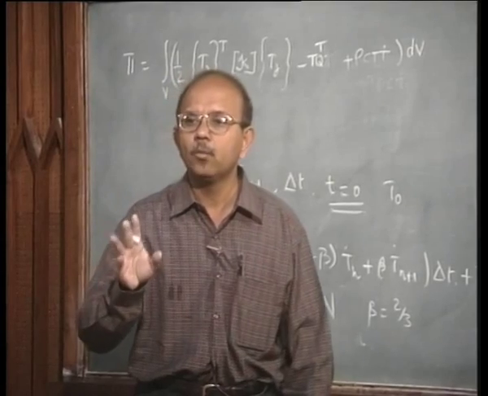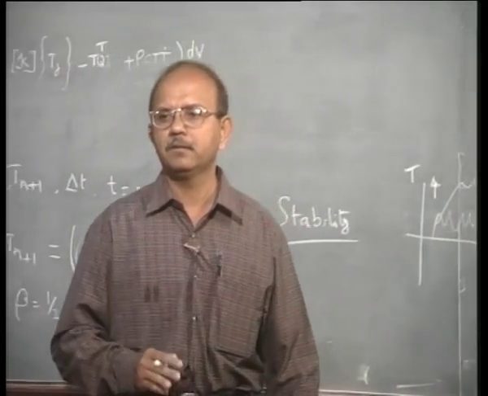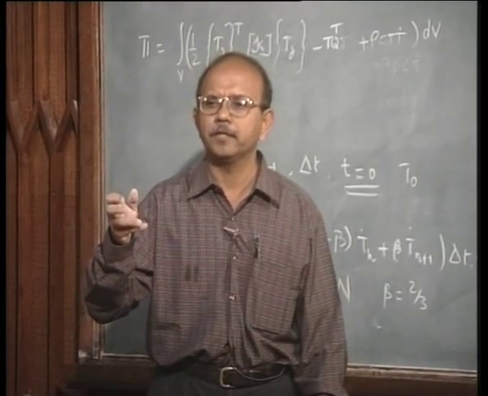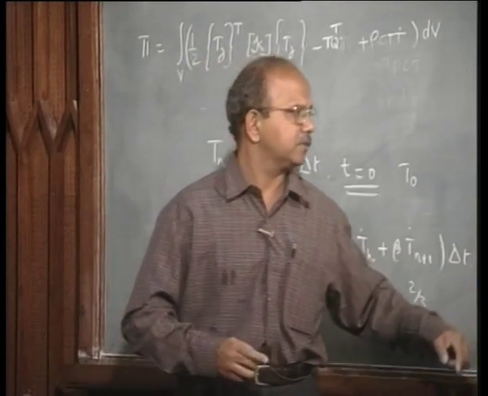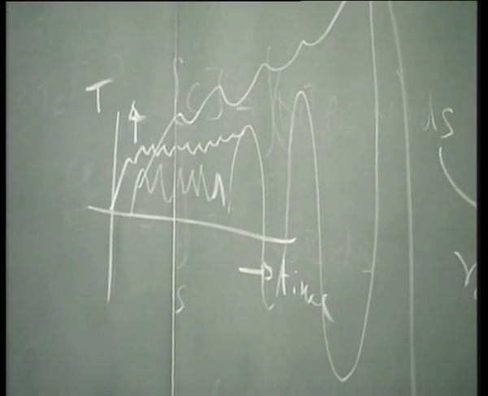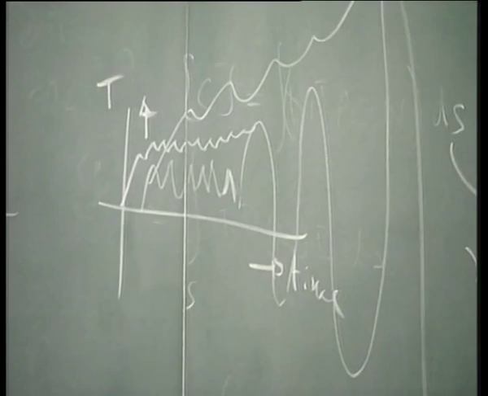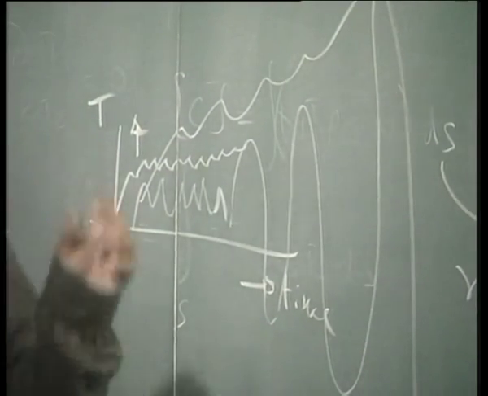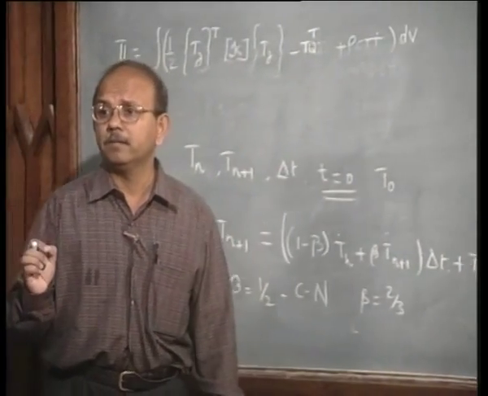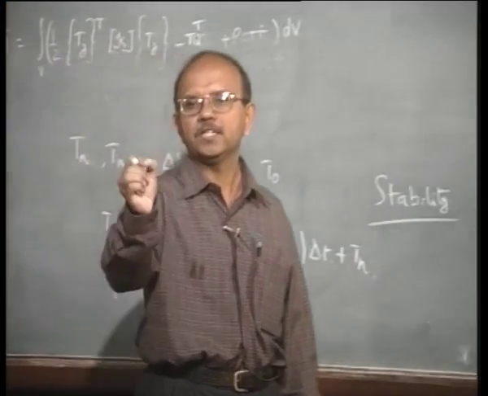What it means is the temperature may oscillate a bit with respect to time, and it can stabilize whatever be the result. It can oscillate a bit from one step to the other, something like this, okay, as long as it does not go unbounded. In other words, by unbounded I mean that in 10 steps it may go to infinity, 10 to the power of 32 and so on. As long as it is not unbounded, we say that the solution oscillates, but the solution is stable.